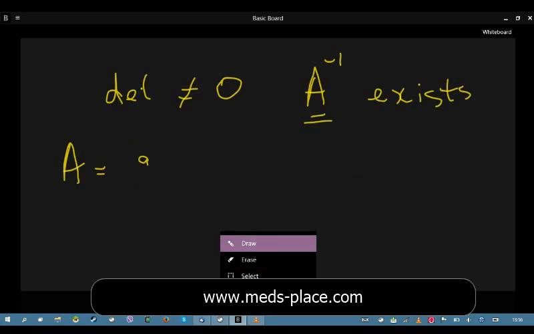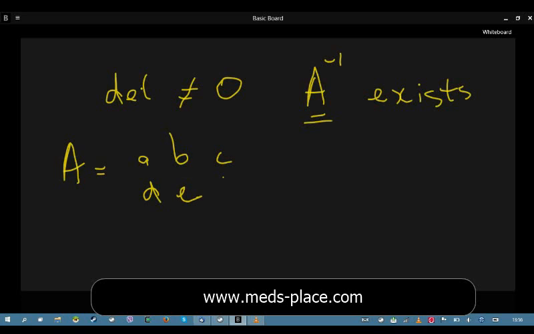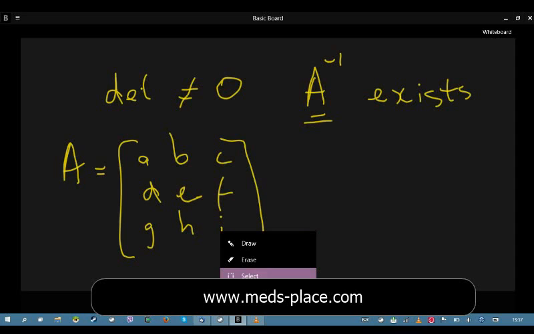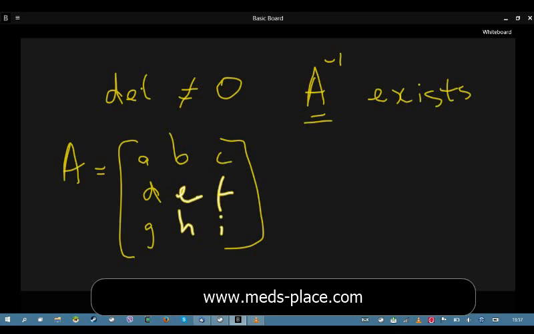So if you have a, b, c, d, e, f, g, h, i, remember it has to be a square matrix, then what we have to do is a times the determinant of e, f, h, i, plus b times the determinant of d, f, g, i.